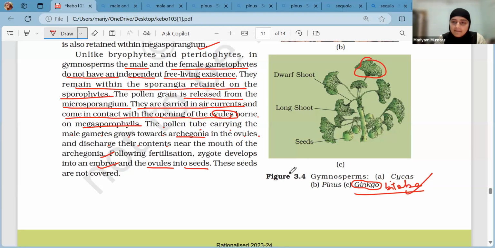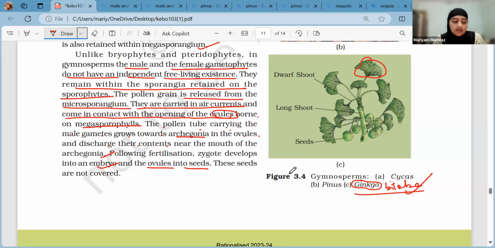Biological classification was better. Only plants is boring, isn't it? Do you know what is my major? Botany. Plants.